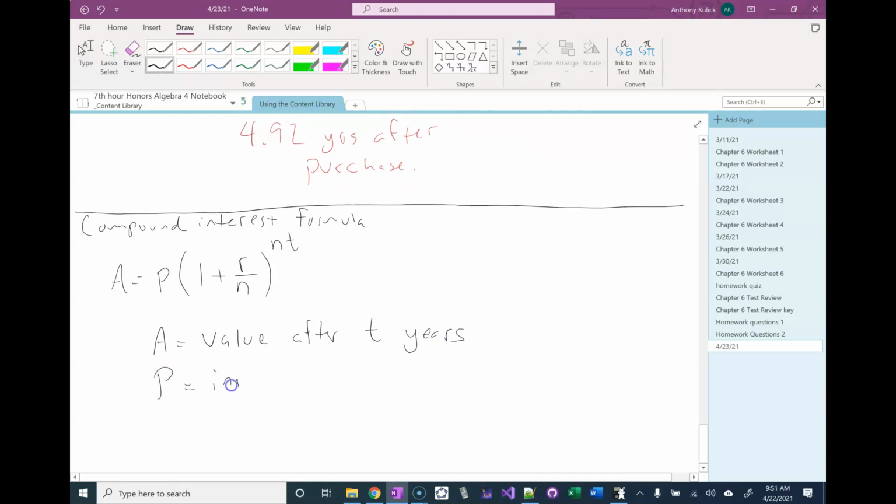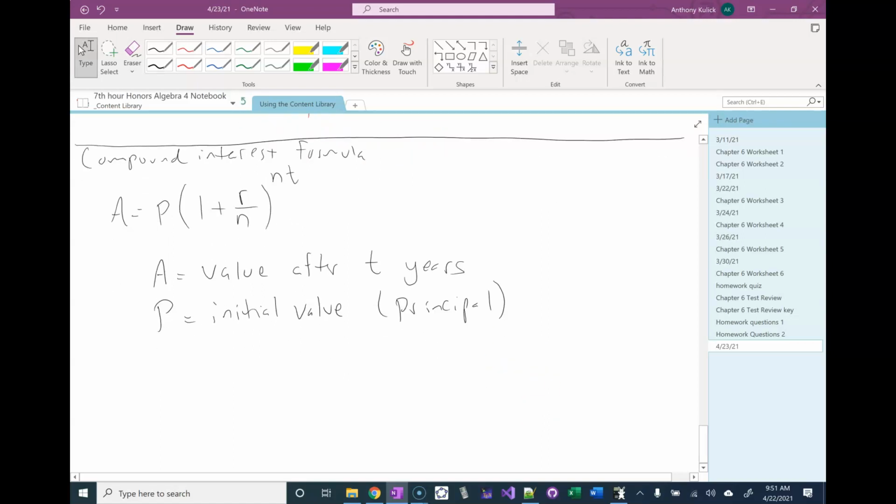P is the initial value of the account, also called the principal.